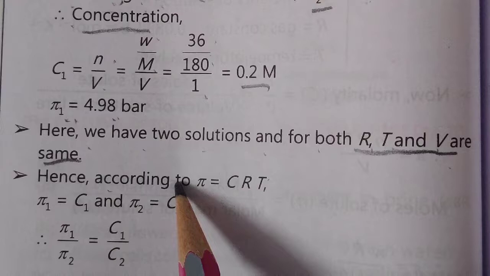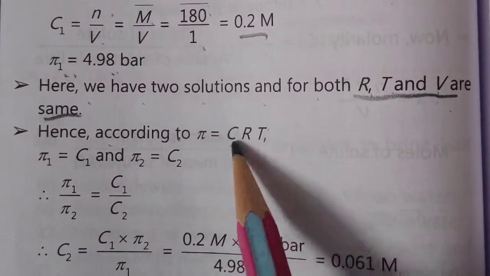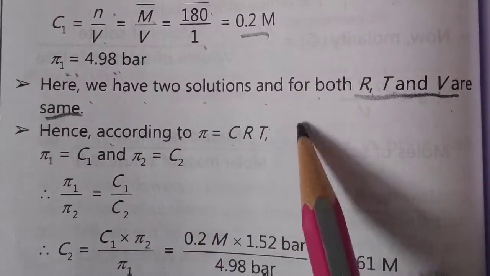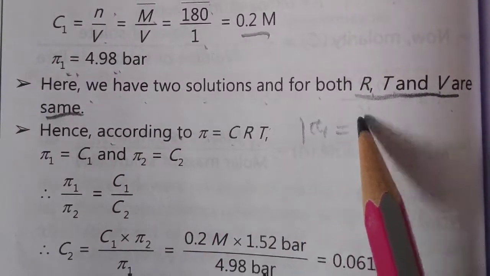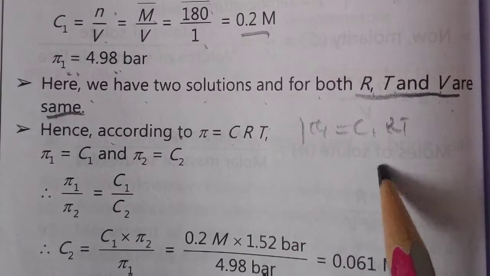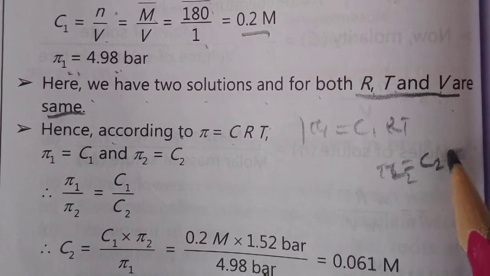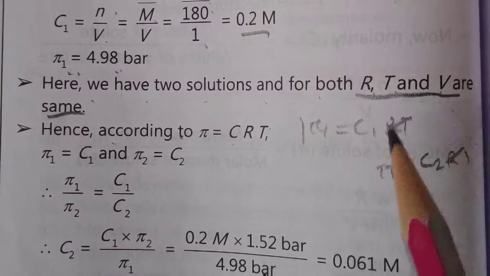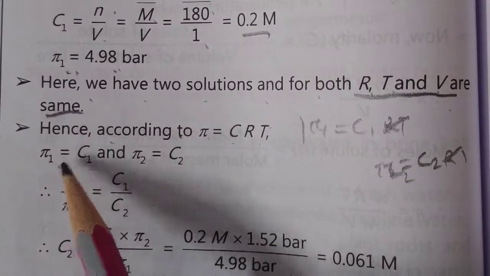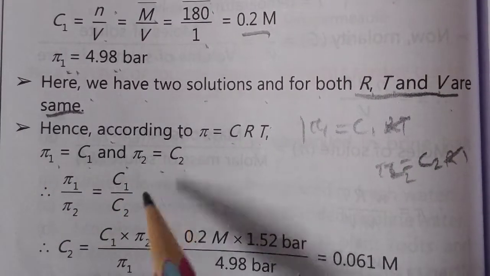So here according to the formula, pi is equal to CRT. So pi 1 is equal to C1 RT, and pi 2 is equal to C2 RT. RT gets cancelled. So you can see here pi 1 is equal to C1 and pi 2 is equal to C2.